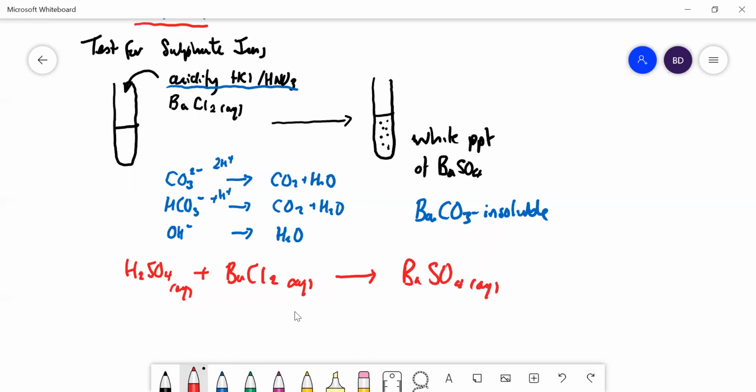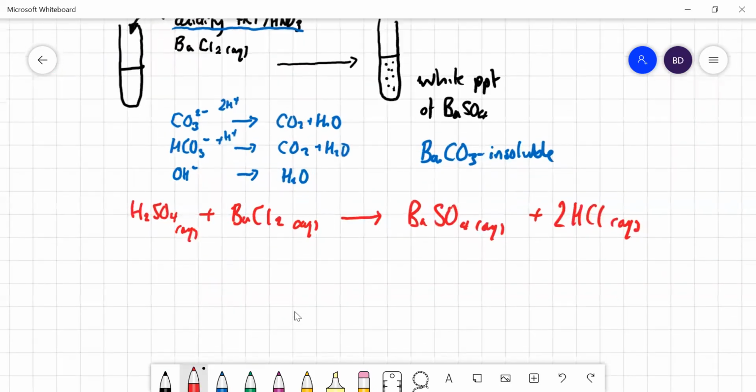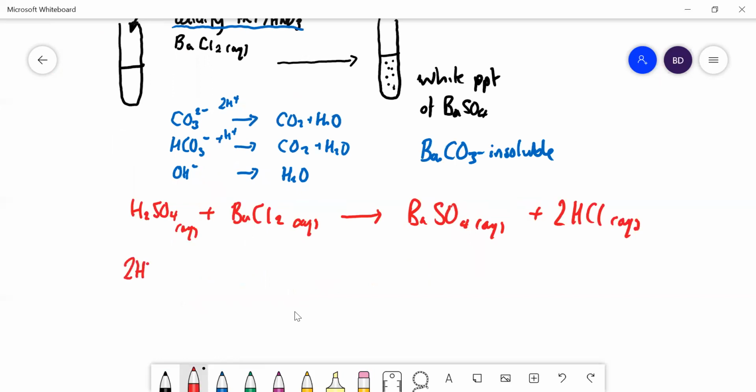And what will be left over? Well, you'll have HCl solution remaining. Let me write that ionically. So we'd have 2H plus and a sulfate ion, SO4 2 minus. Barium ion is obviously 2 plus, 2 chloride ions.